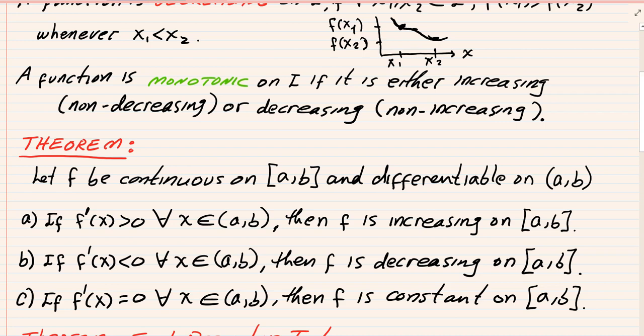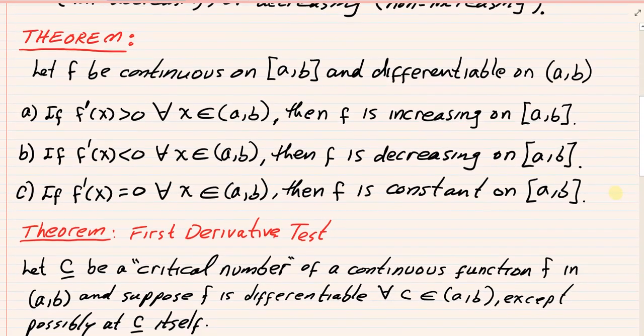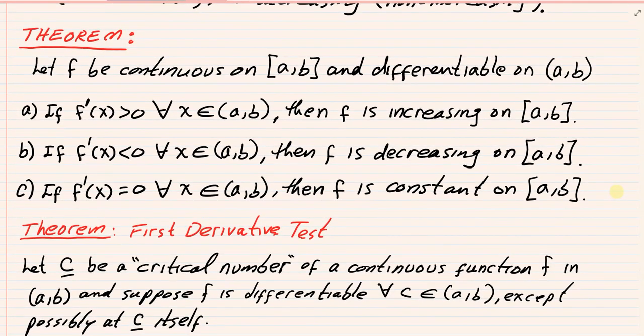Now, our next theorem is actually the first derivative test. Again, we use the first derivative test for extrema of a function. In this theorem, let c be a critical number. Now, c is a number along the x-axis, and c is inside of this open interval from a to b. Critical numbers, remember, we defined those earlier.